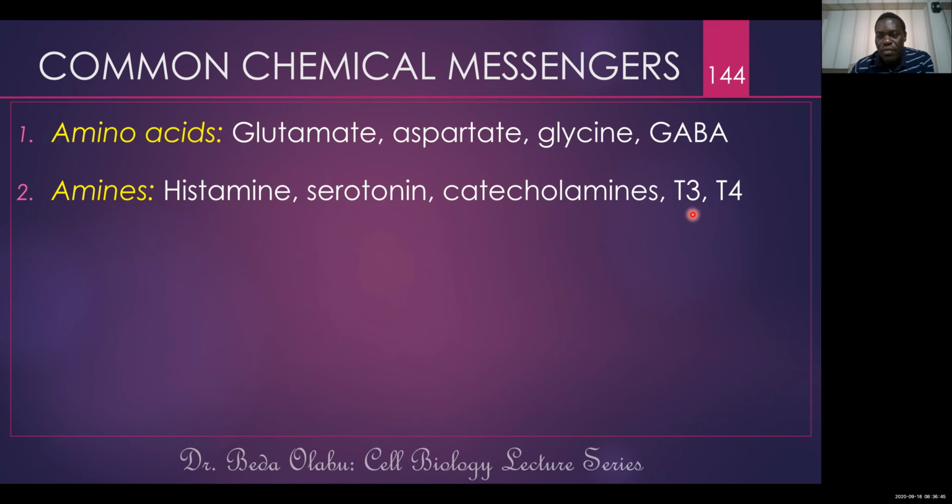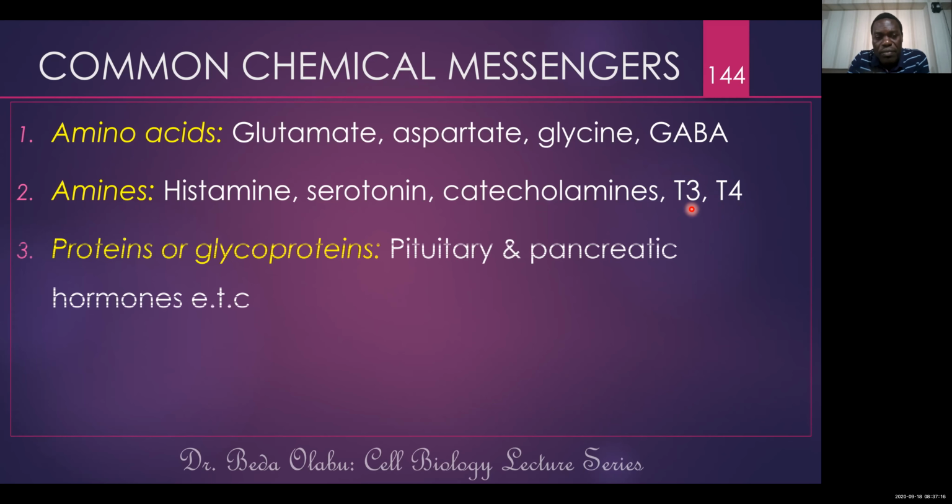Then we have T3 and T4. These are thyroid hormones. T4 is what we call thyroxine. The name for T3 is very long. Don't care about it for now. You can just call it T3. It stands for triiodothyronine. I'm just giving you examples of chemical messengers which are amines in nature.